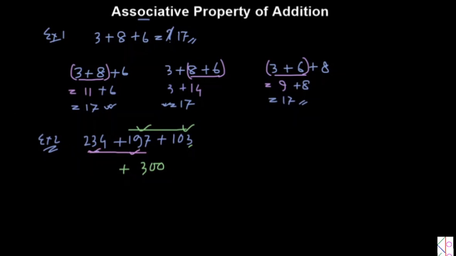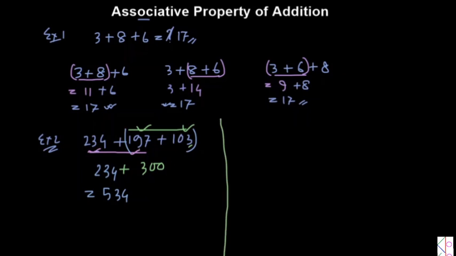So finally, if we add 234 and 300, it becomes 534. So in our second group, that means 197 and 103, if we make them a group or associate them, it is better. It is the smart way to calculate the value. So associative property has been used here.